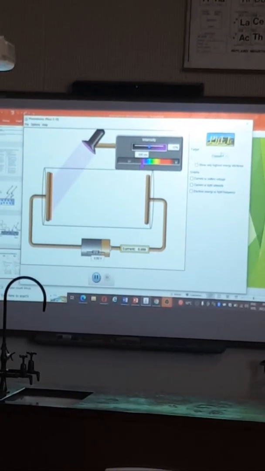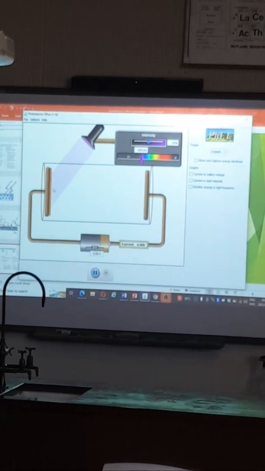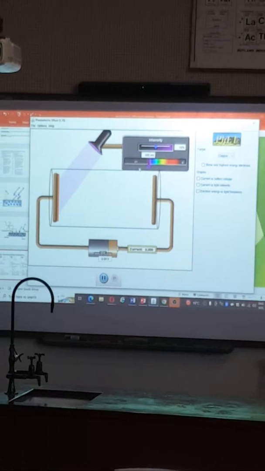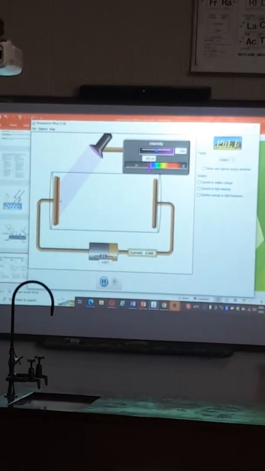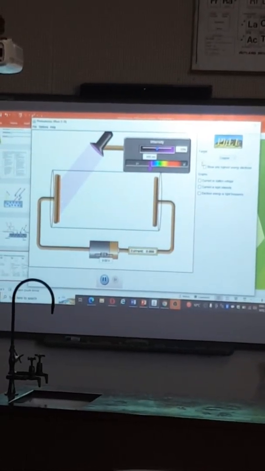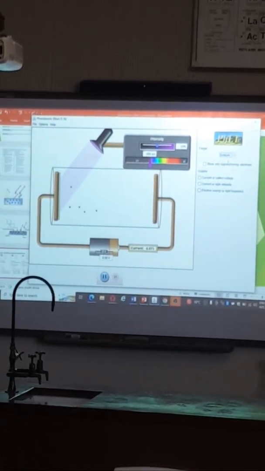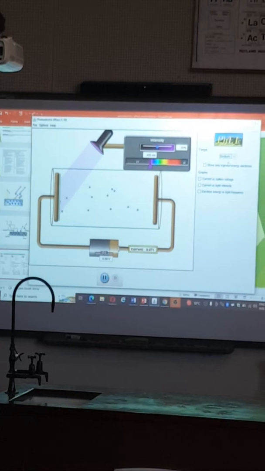Now you can see my metal here is zinc. There is already a light with a frequency here, but you can notice there are no electrons being ejected. But if you change the metal, you can see now it is sodium.